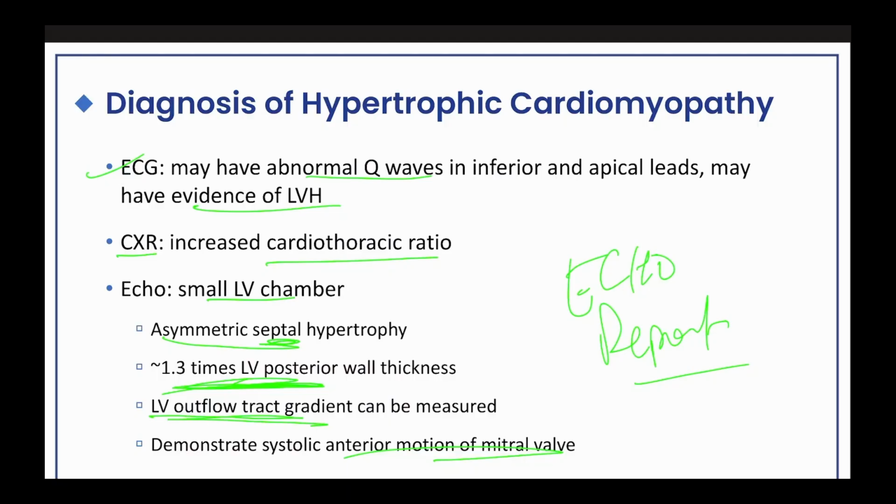Yes? Why would the chest x-ray be increased? I thought you said the chamber size doesn't actually change. The heart becomes thicker, but the size of the chamber doesn't change or gets smaller. Like the chamber, this is the chamber size, but now with a thickened heart, it's like that. Technically the size is still the same, but the hole in the middle gets smaller.